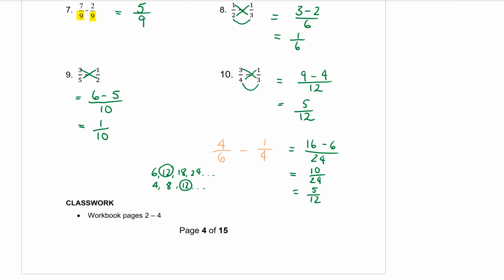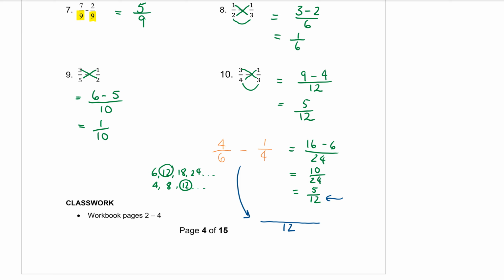Instead of a little bit of an adaptation on that method that I've used there, if I do that question again, I could have made the denominator 12 instead of 24, because 12 is actually the lowest common denominator. I did get it here in my answer after I simplified, but I could have done it from the start. Now, it does make it a little bit trickier to find your numerators, though. My first fraction started out with a denominator of 6, which means I have to times that fraction by 2 on the top as well.